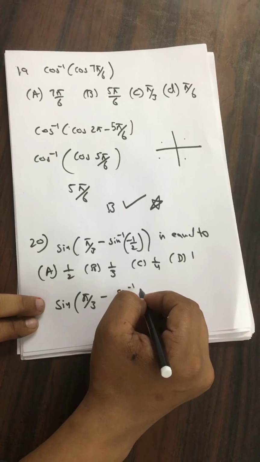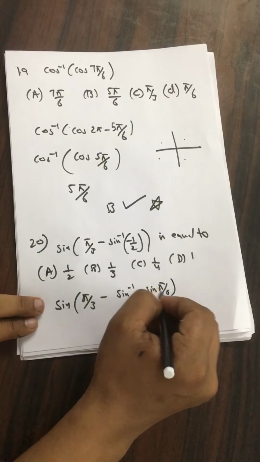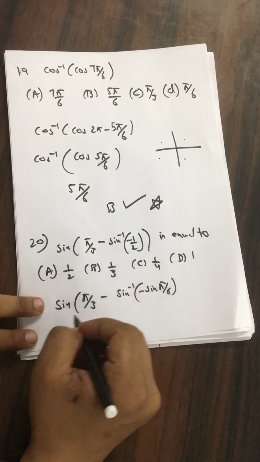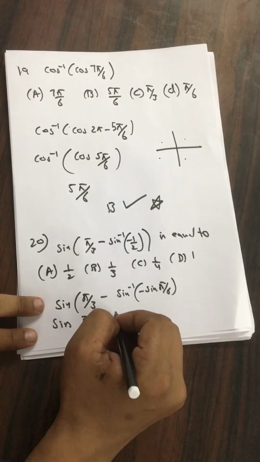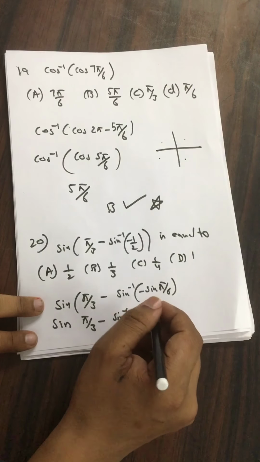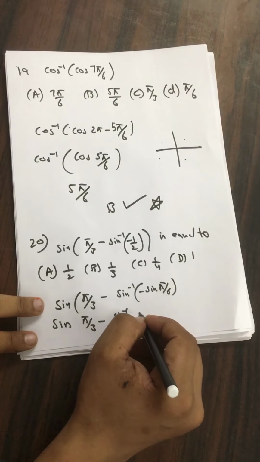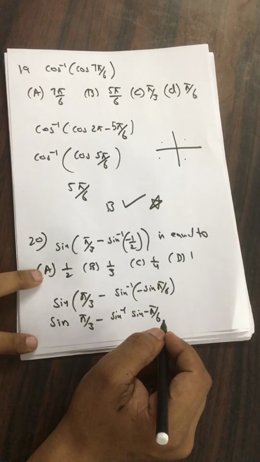We can write minus sine pi by 6. Can we write? Next step, sine pi by 3 minus sine inverse, this we can write sine minus pi by 6. Yes?